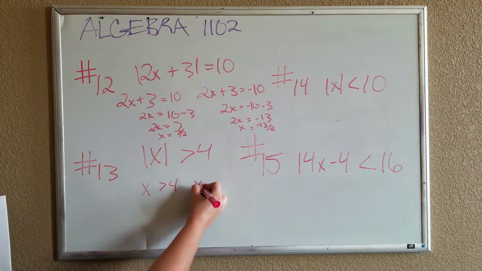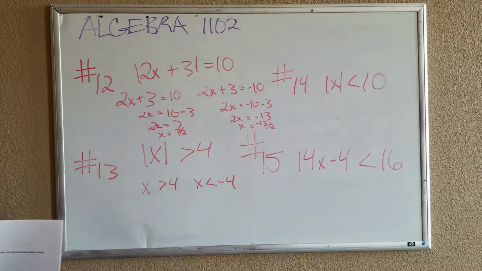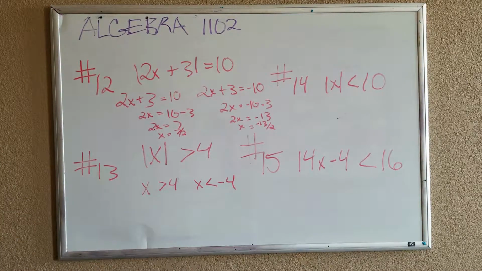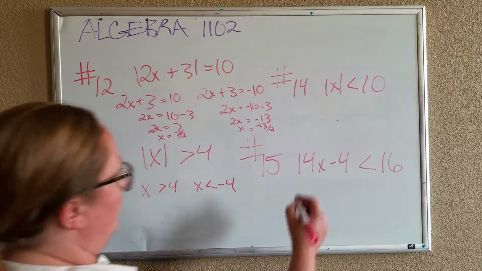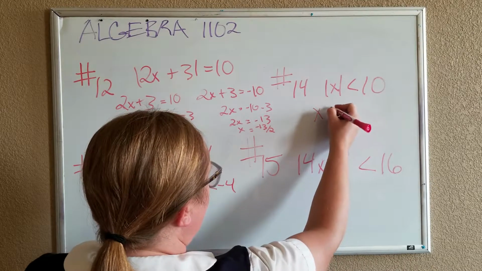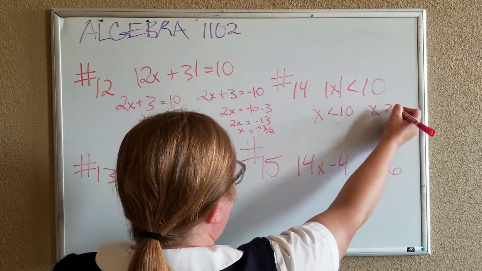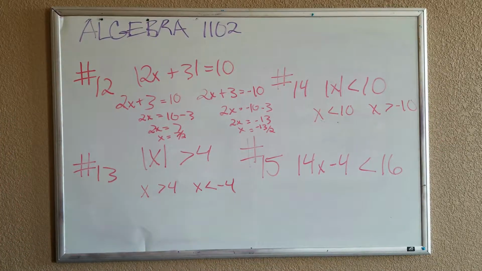So x is less than negative 4. All right? So the same thing for problem 14. You would change your sign. X is less than 10. And then when you show your negative, it's greater than negative 10.